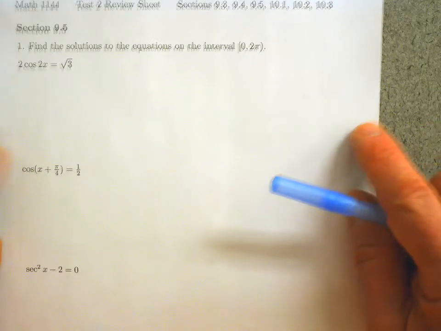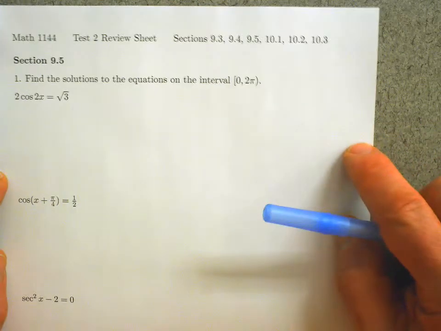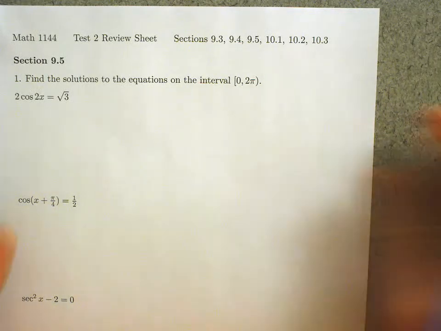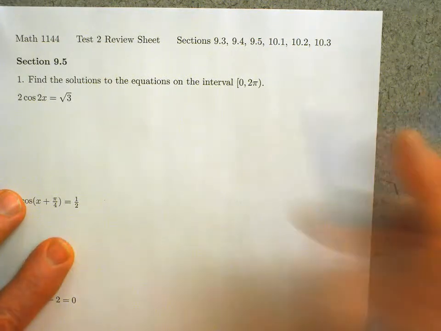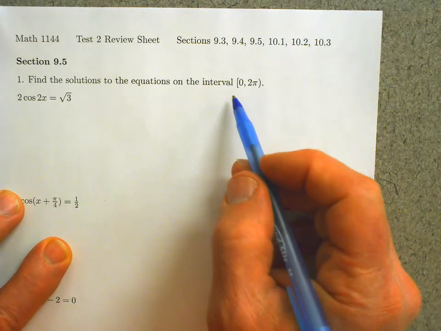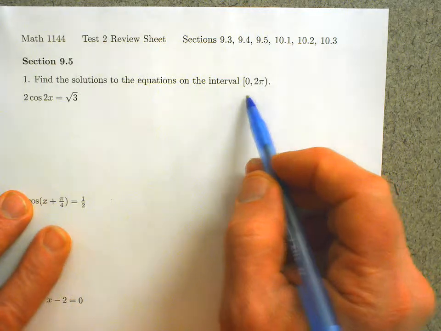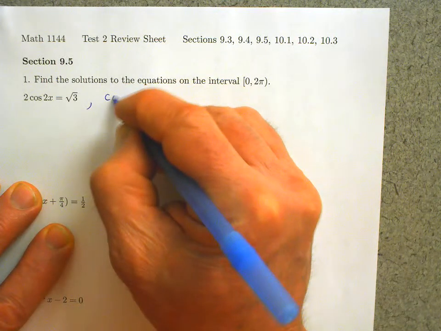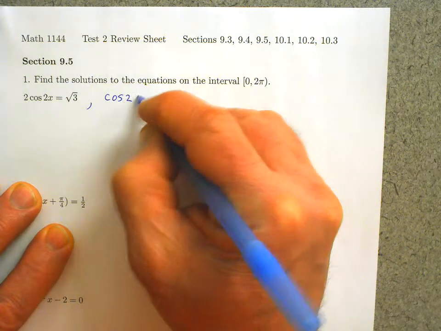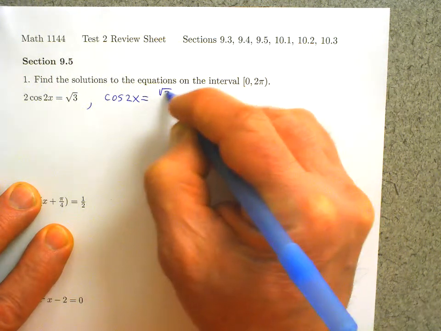So in section 9.5, this is the section where you solve trigonometric equations, and we want to find our solutions on the interval from 0 to 2 pi. On this one, cosine of 2x is equal to the square root of 3 over 2.